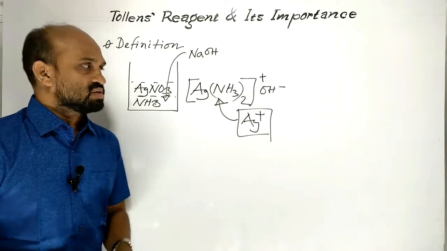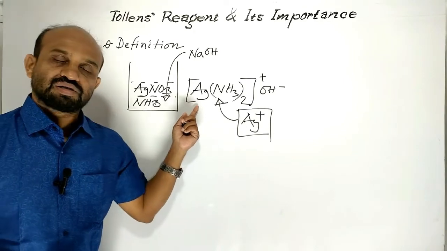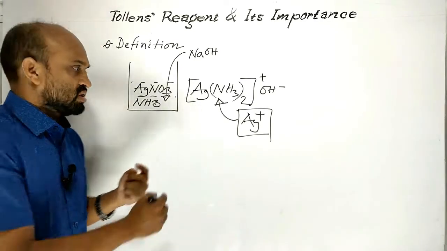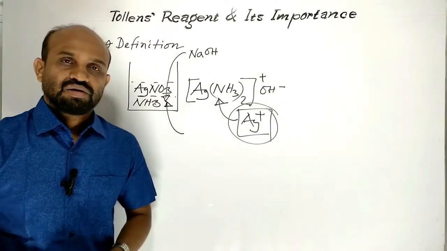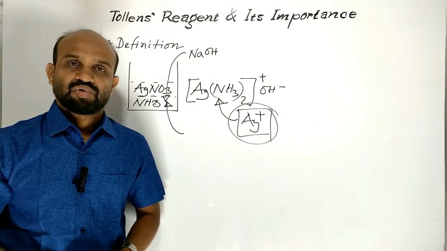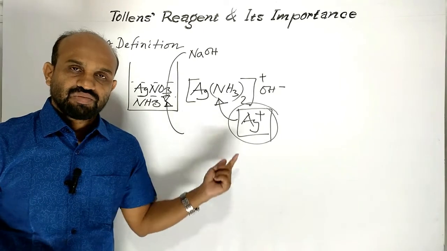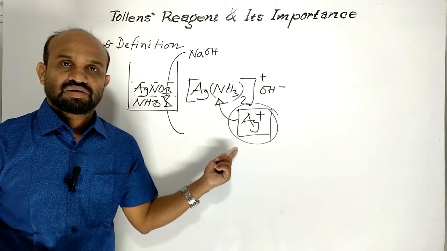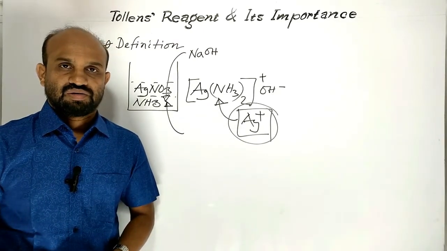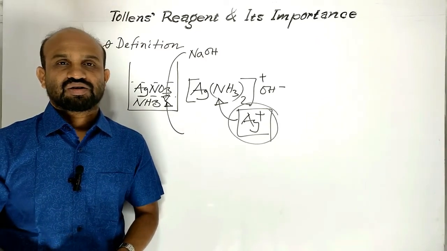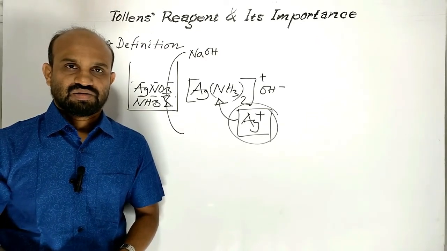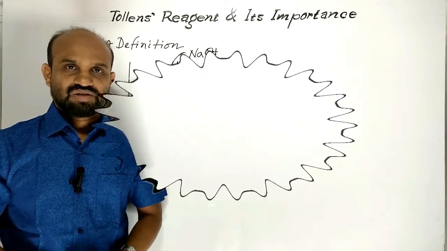Its formula is diamine silver hydroxide. The solution contains silver ion, which is the main component of the solution. Silver ion acts as an oxidizing agent. That is, Tollens reagent is used as an oxidizing agent. Let's move on to the next point.